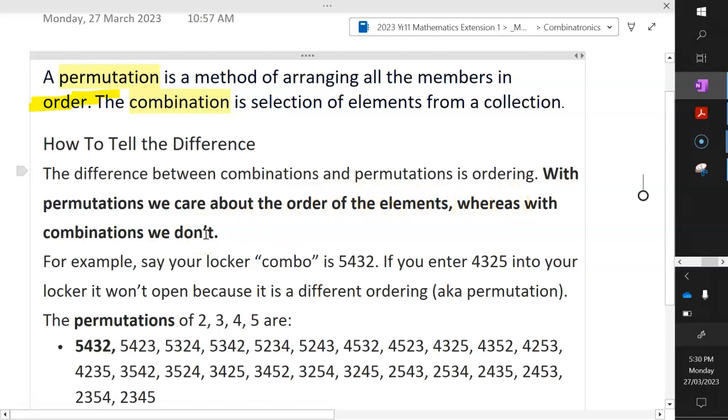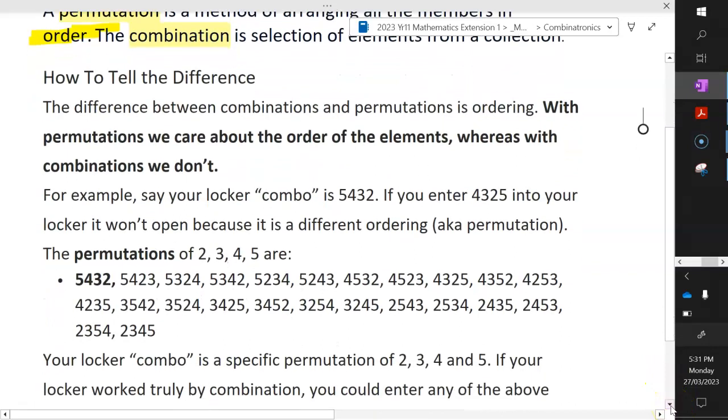And sometimes in our everyday talking, we actually use combinations and permutations incorrectly. Here's an example. Say your locker combo, and that's in inverted commas for a reason, is 5432. If you enter 4325 in your locker, it won't open because it's a different order, basically a permutation.